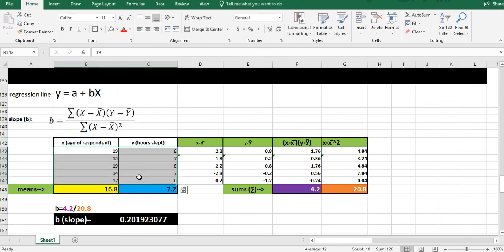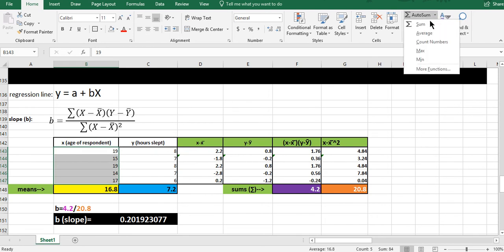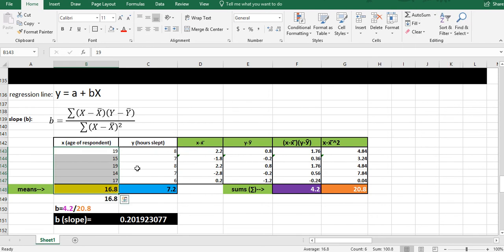So I start with my data, just my basic x and y, independent variables. And then I'm going to find the mean of these two columns. And I just went ahead and used the function in Excel to find the average.